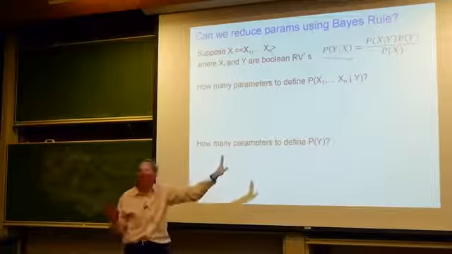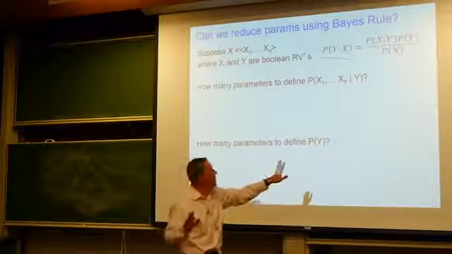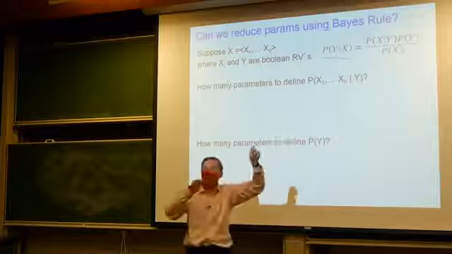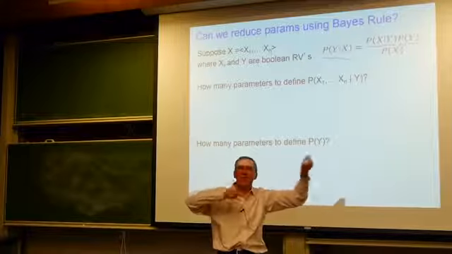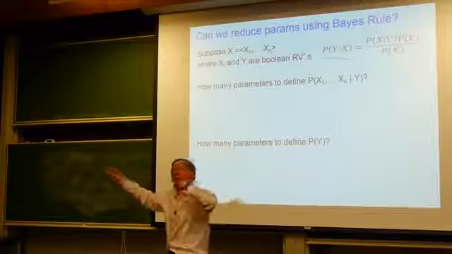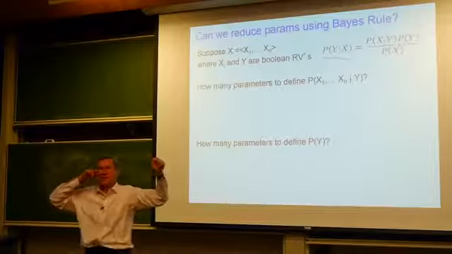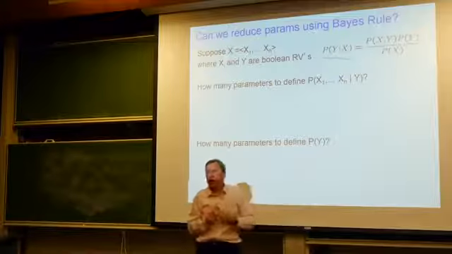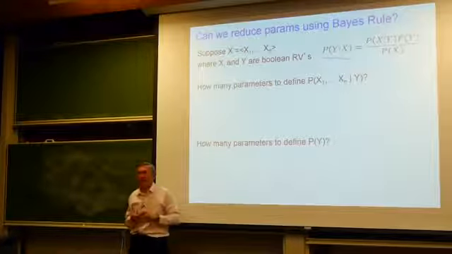notice I'm not even saying P of x. Why? Because suppose y is Boolean, and I want to know is it more probable that y equals 1 or y equals 0, it's enough just to look at the numerator because the denominator doesn't depend on y.